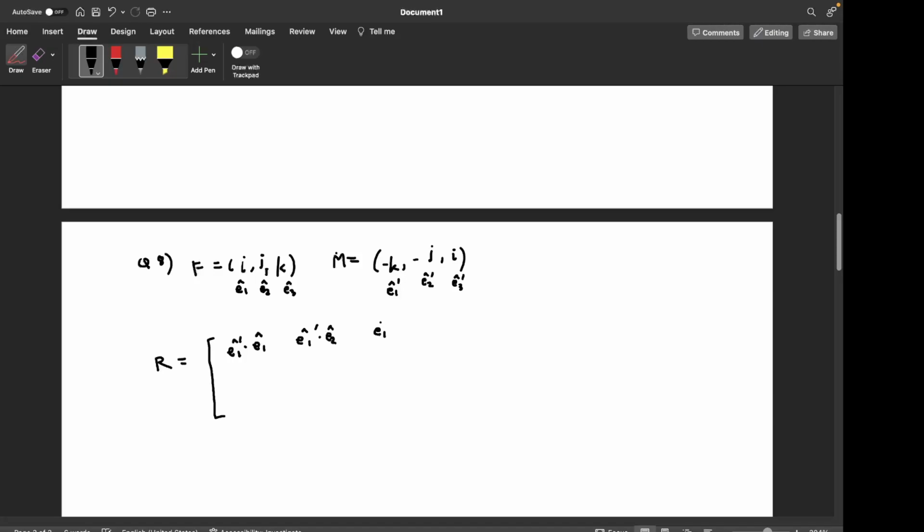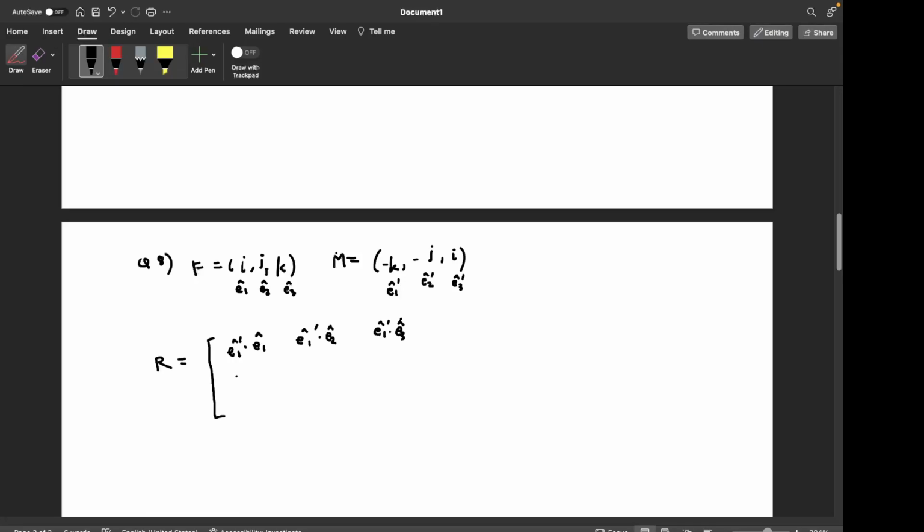Third, E1 prime dot E3. What this dot product is basically giving is the cosine of the angle between these two vectors. That's what the dot product gives us between two unit vectors. So we are writing cosines of angles between these two unit vectors.